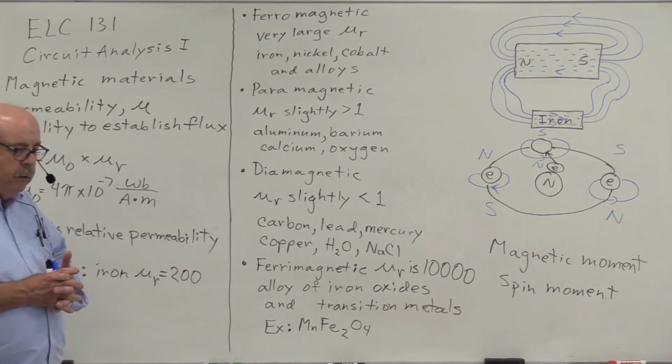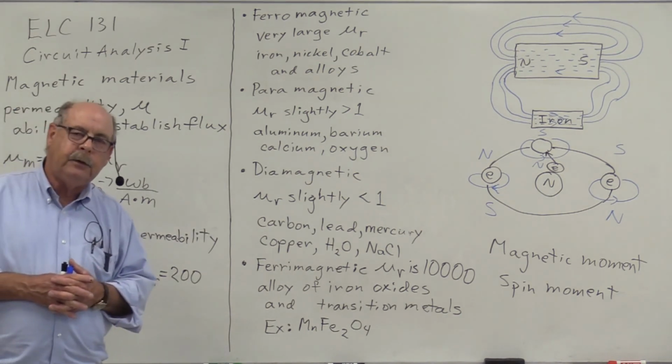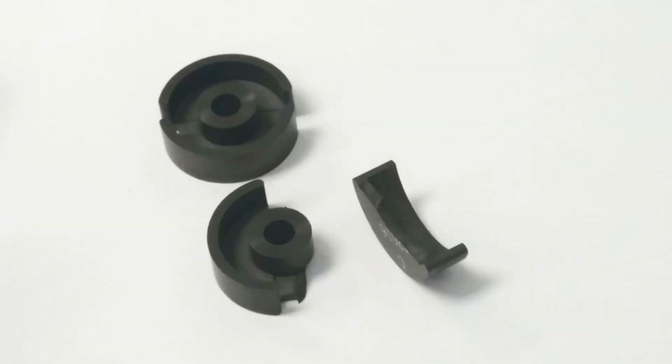And what they do in forming this ferrimagnetic material is they make a powder of these oxides and they sinter them together, which means they're put together under great heat and great pressure to make a very lightweight material that has very high levels of relative permeability.